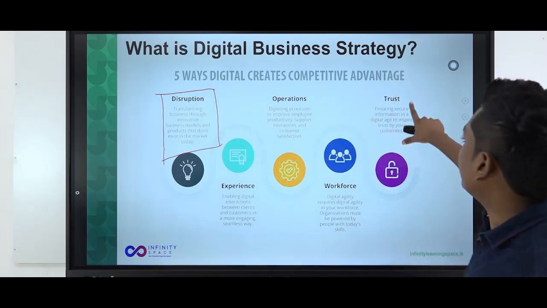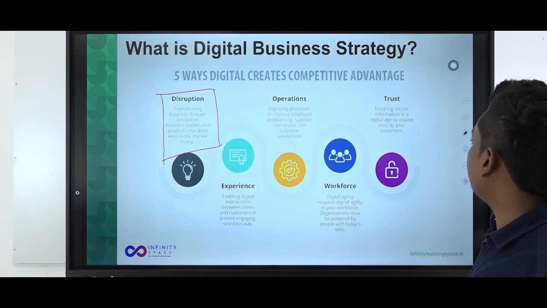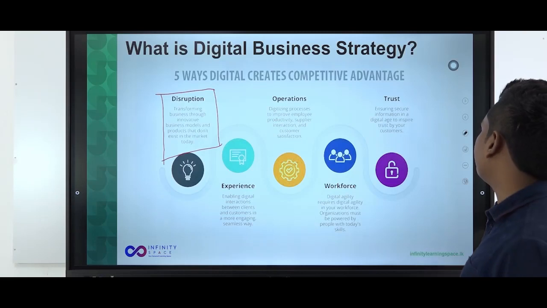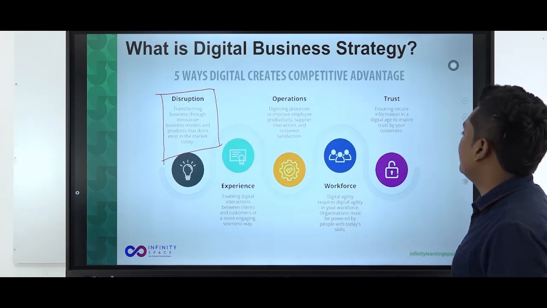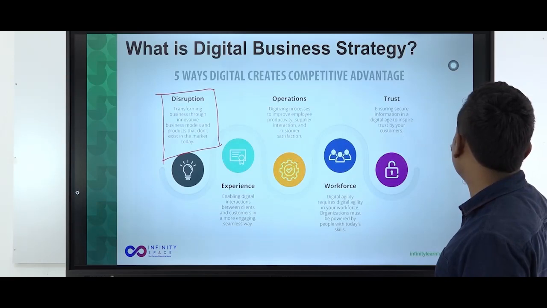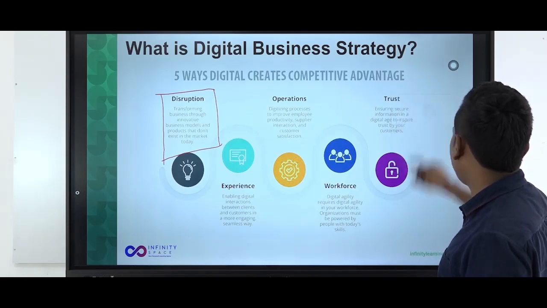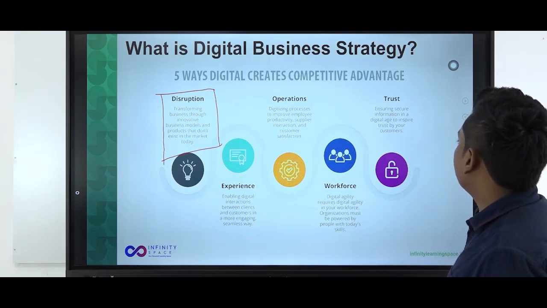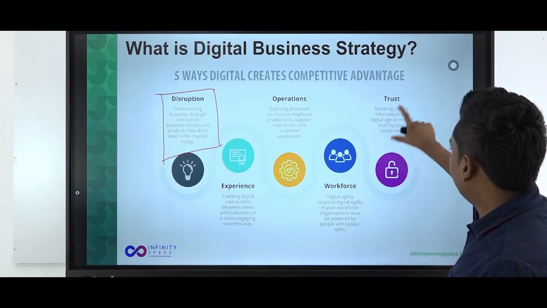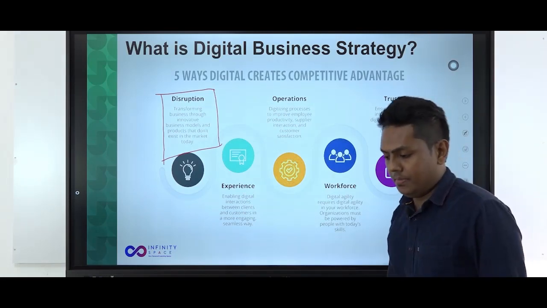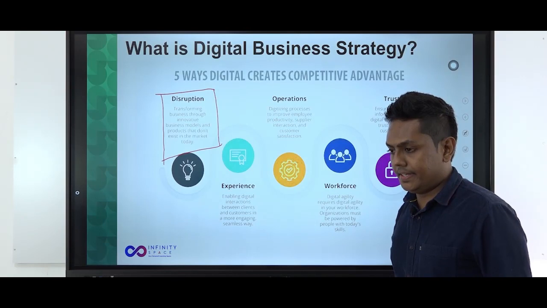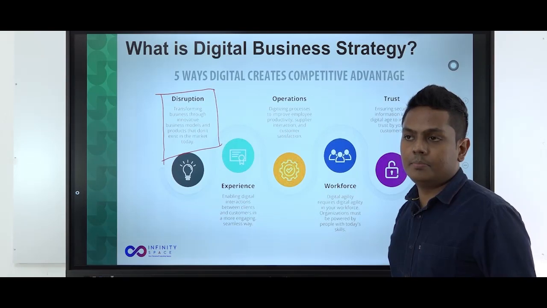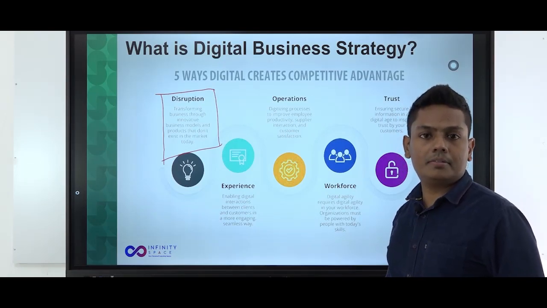Likewise, the trust aspect: how you can get the competitive advantage through trust. Trust means ensuring secure information in a digital age to inspire trust in your customers. So this is where security comes into place. Ensuring the customers' trust, keeping their data and details secure, is an important thing that the customer would think about.